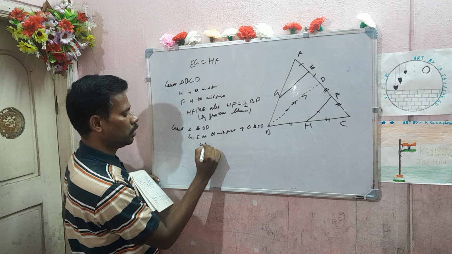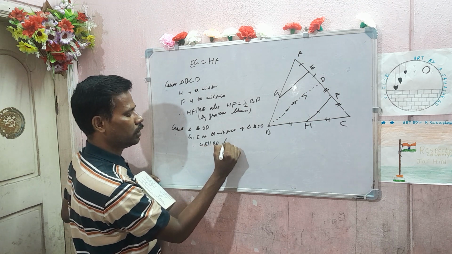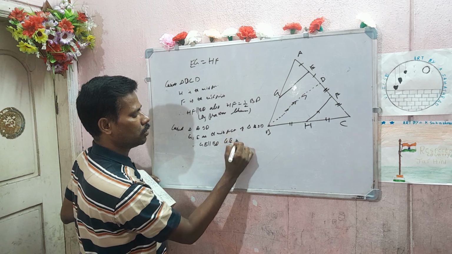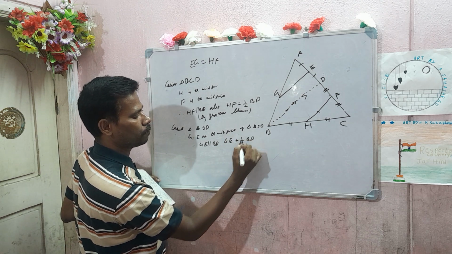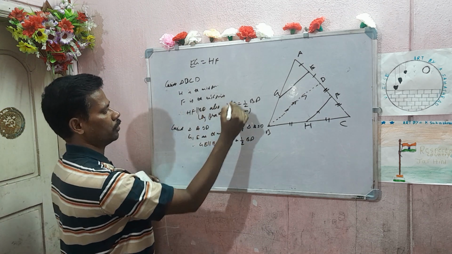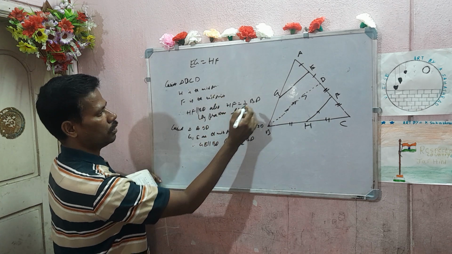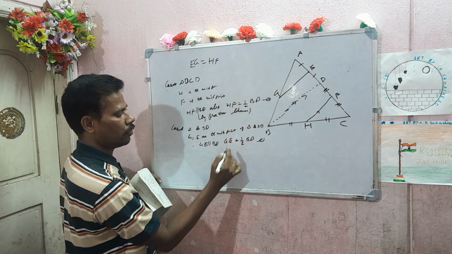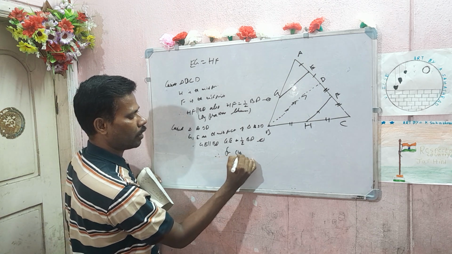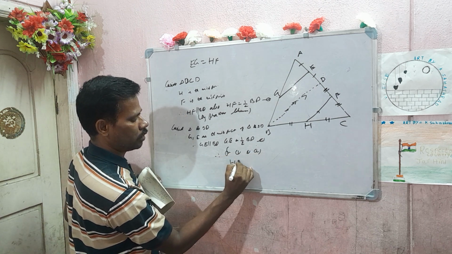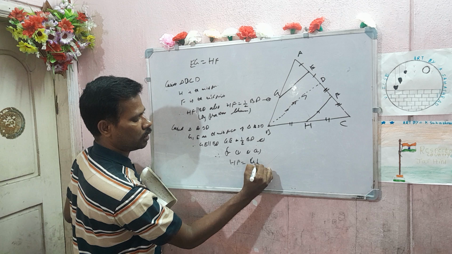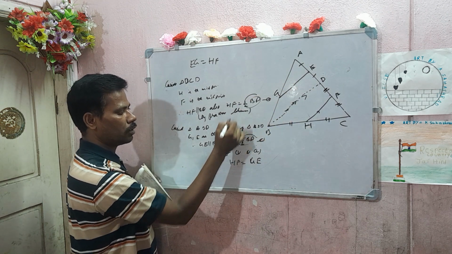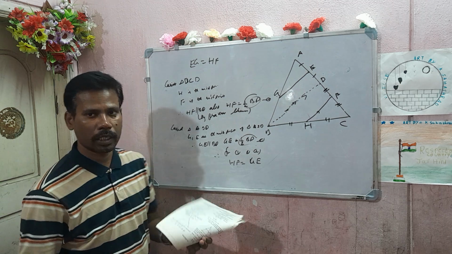Therefore, GE is parallel to BD and GE is equal to half of BD. Now from 1 and 2, half of BD and half of BD are same. Therefore, HF is equal to GE. Therefore, it is proved.